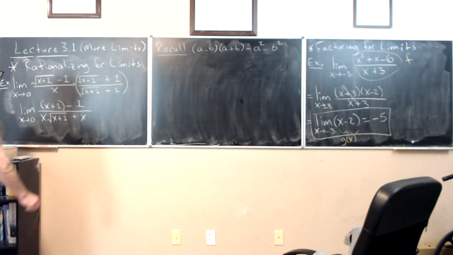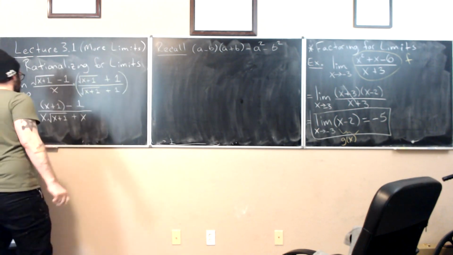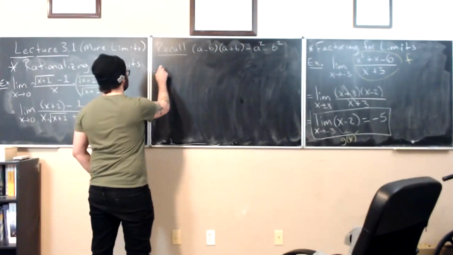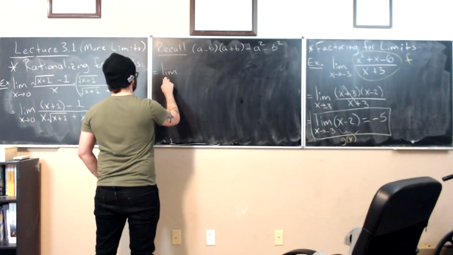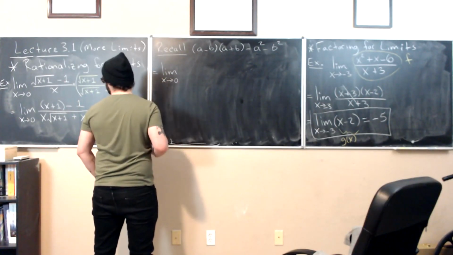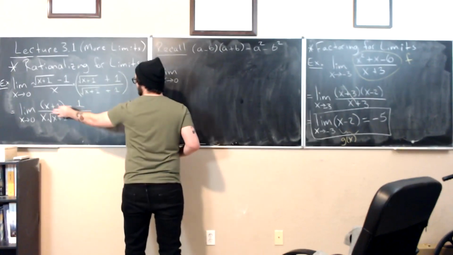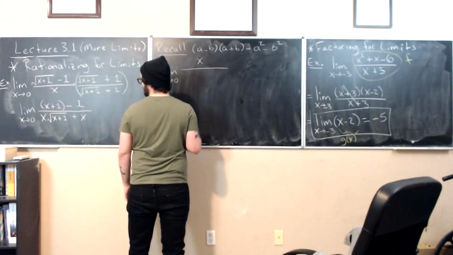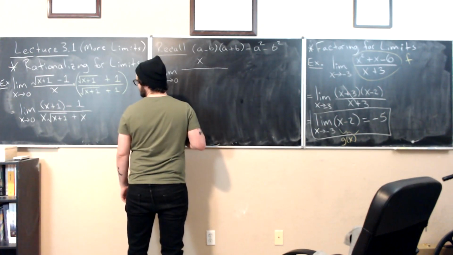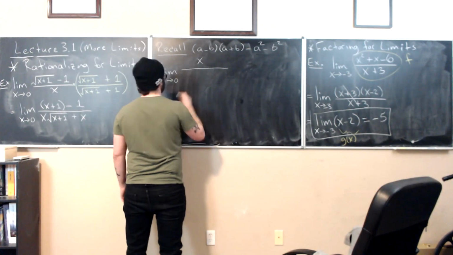Now, what happens here? I probably need to continue over here. So I get the limit as x approaches 0. In the numerator, the 1 and the minus 1 go away. And then in the denominator, it looks like I still have a problem.